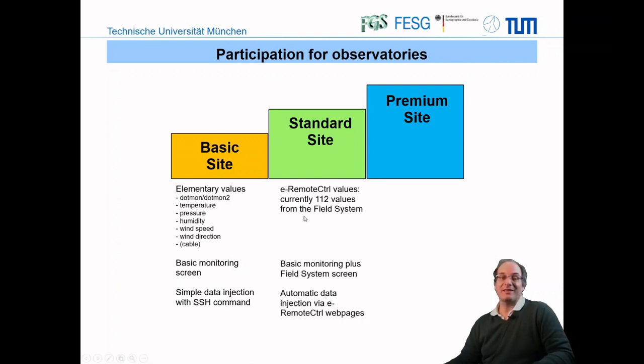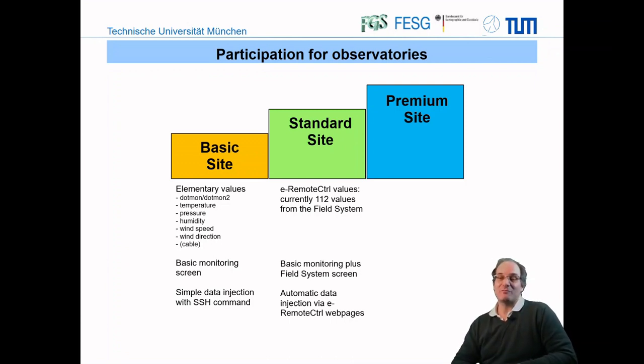Then in the standard side, the difference is that you have this e-remote control software. This e-remote control software offers web pages, and it can currently read 112 values. In total, we have a little bit more, but 112 values from the field system. And you have the basic monitoring plus the additional field system screen.